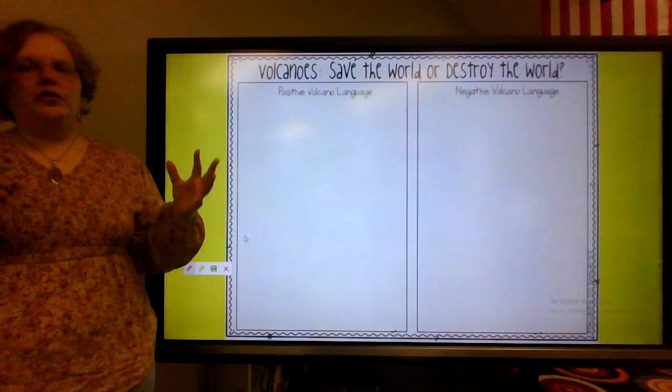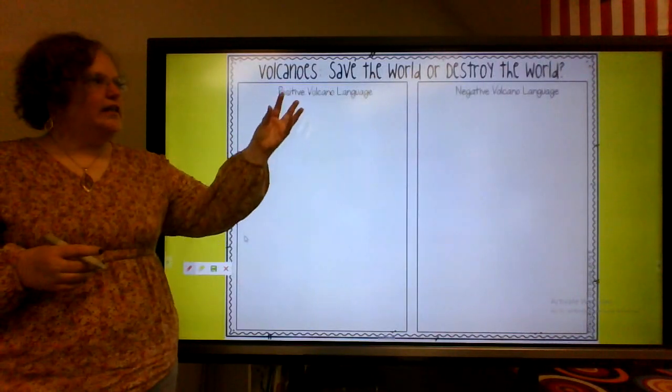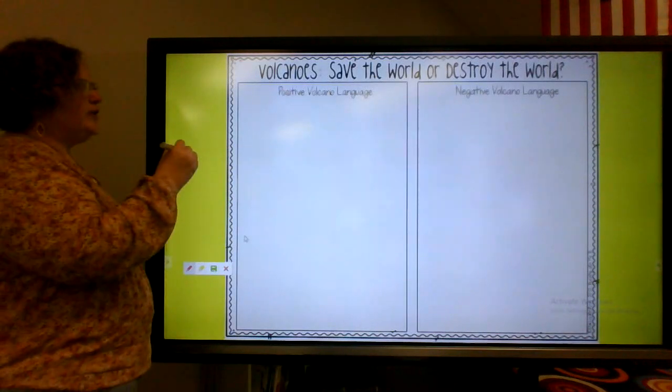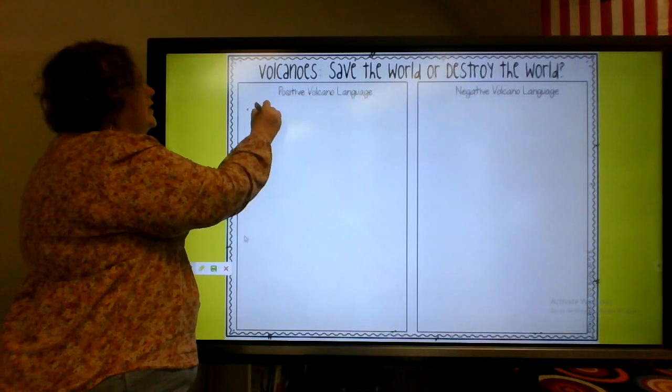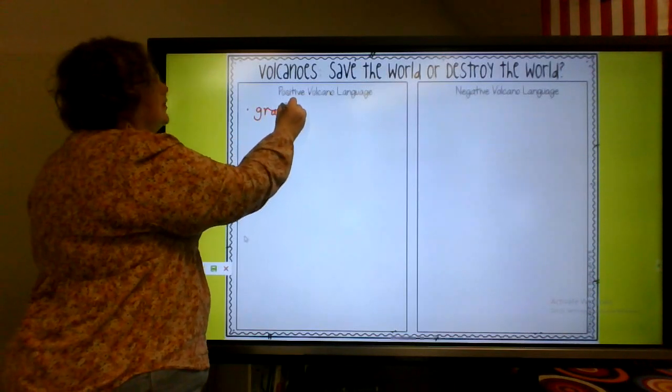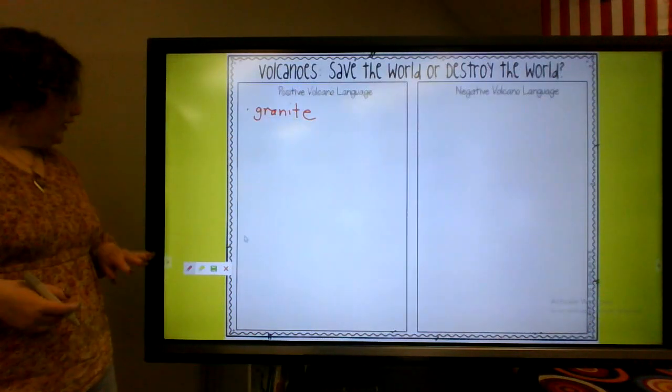And they are going to go through the text, and they're going to find positive language about volcanoes and negative language. So I'll demonstrate just the positive language. For instance, it makes granite. And granite can be utilized in construction.